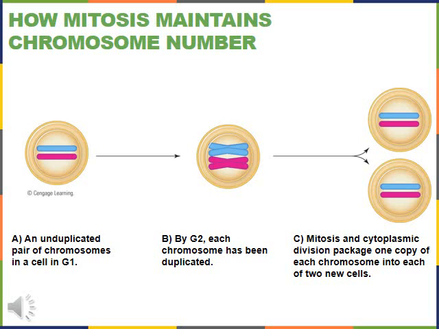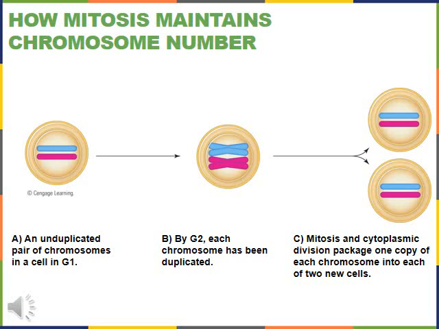In this picture, you don't really see the duplication happening, but it's in between the first and second cell. So we've duplicated it. Now we've got two of the father chromosomes and two of the mother chromosomes. When the chromatids, if you're looking at this, the blue X is a chromatid and the pink X is a chromatid.